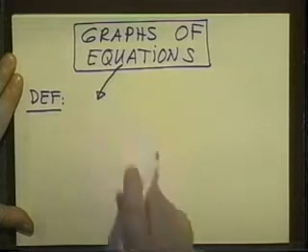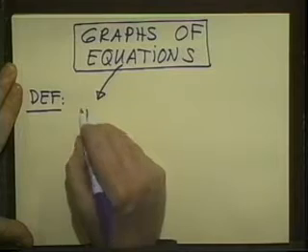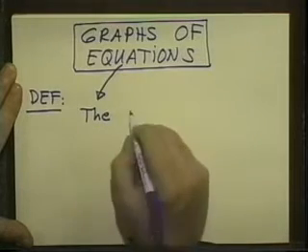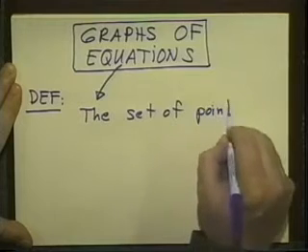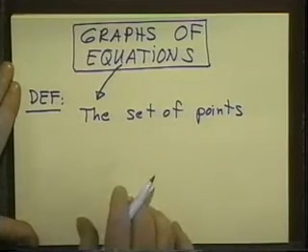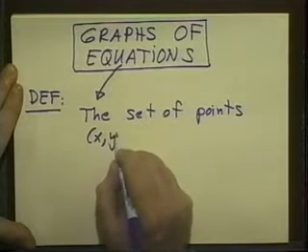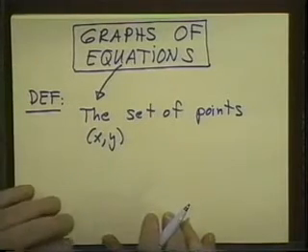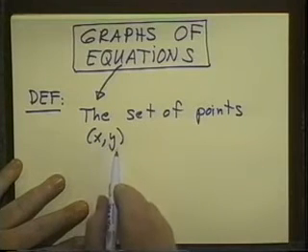So I'm going to repeat myself here to save a little writing. Graphs of equations, what is that? Well, what is the graph of an equation? It is the set of points, and remember, in the coordinate plane, in the plane that we have given coordinates and addresses, in other words, to every point, all the points are of the form x comma y.